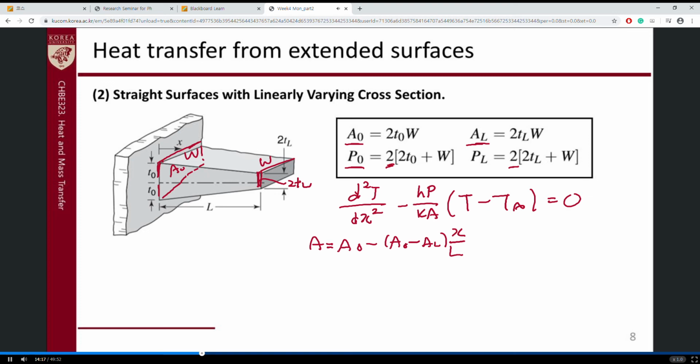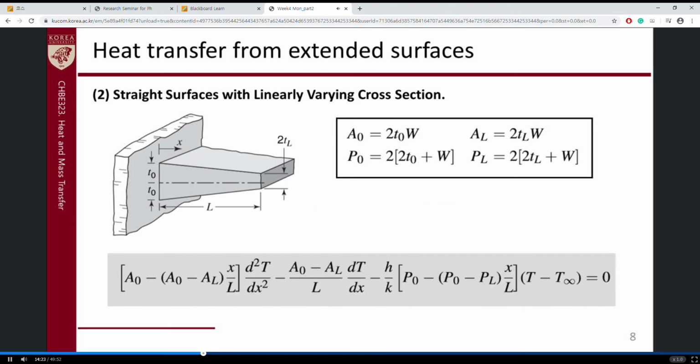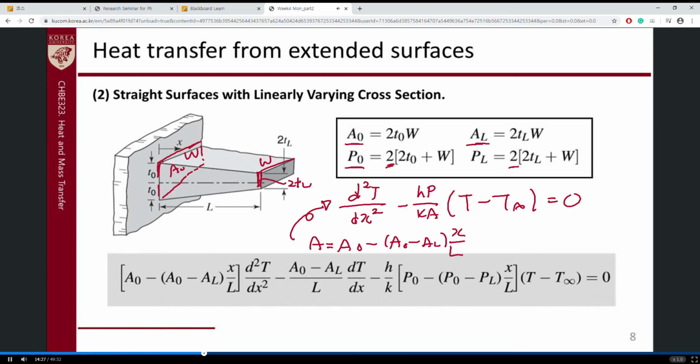So by adding this equation into our original equation here, then we can derive these equations. Okay? So let's just write down the P as well. P equals P0 minus (P0 minus PL) x over L.